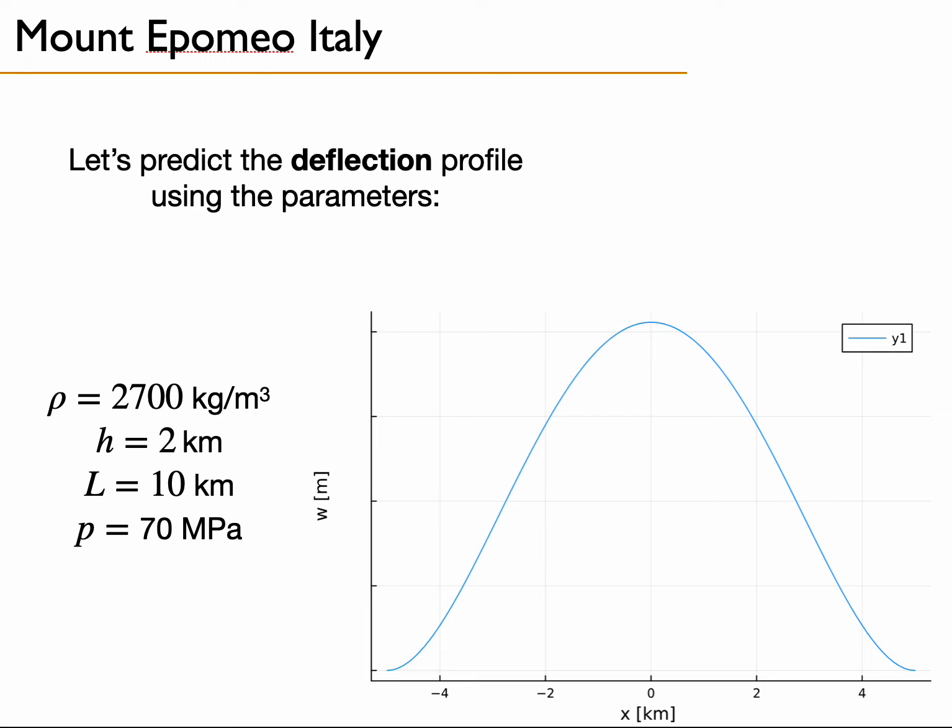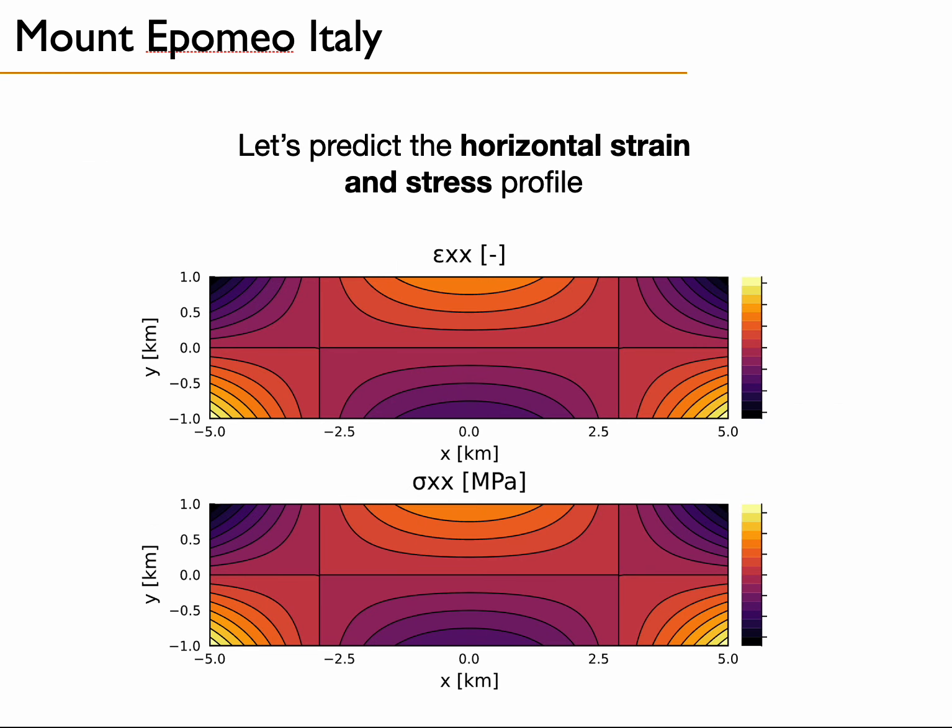Another part of the exercise will be that you will have to predict the distribution of horizontal strain and horizontal stress inside the plate. So you will have to construct these diagrams of strain and stress. These will allow you to identify the locations where the plate, which is being bent, is in extension and where it is in compression. And you will also obtain absolute magnitude of the stress inside the deforming plate.